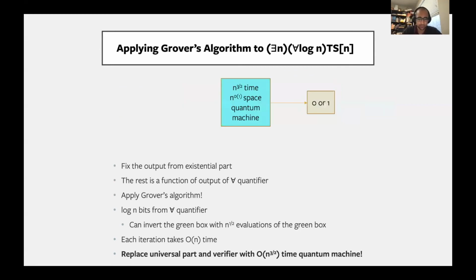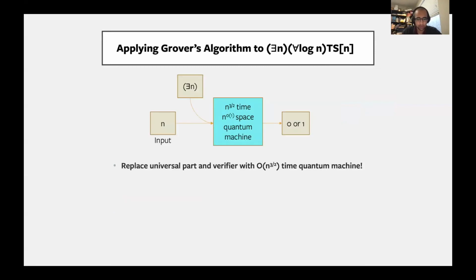So now, putting back the existential part, we have the input, the existential part, and the n to the 3/2 time quantum machine. This machine is in Qcma time n to the 3/2 by padding, or really by definition.